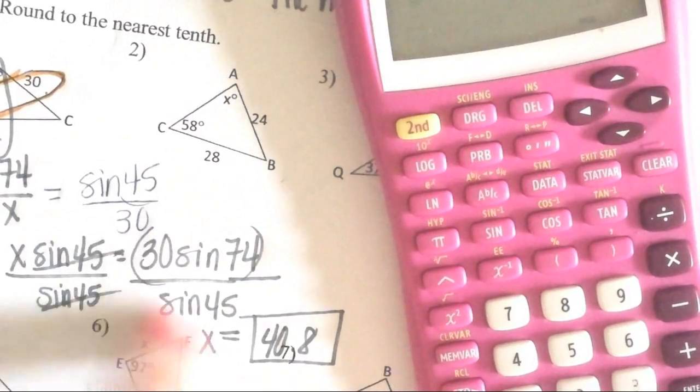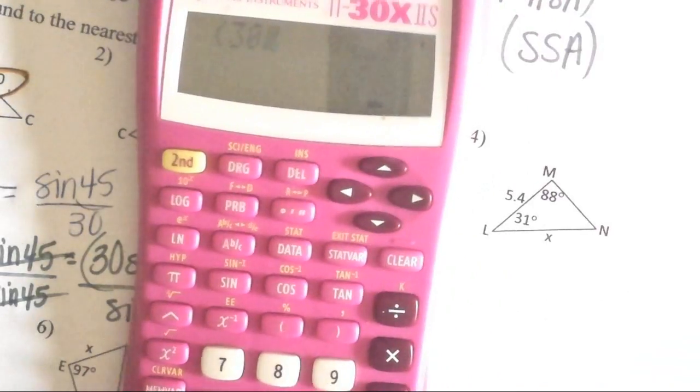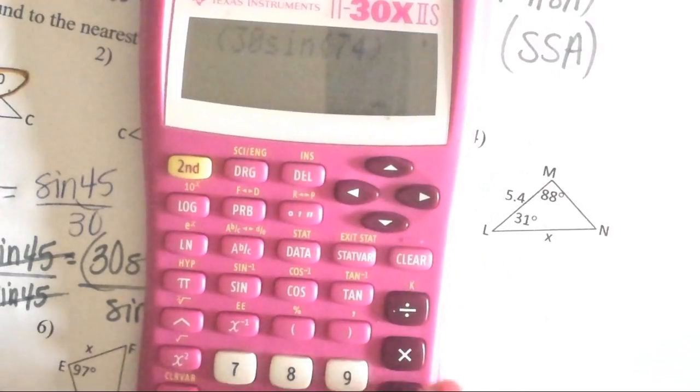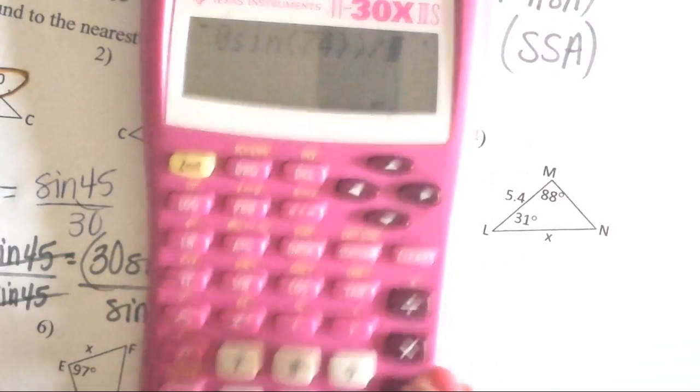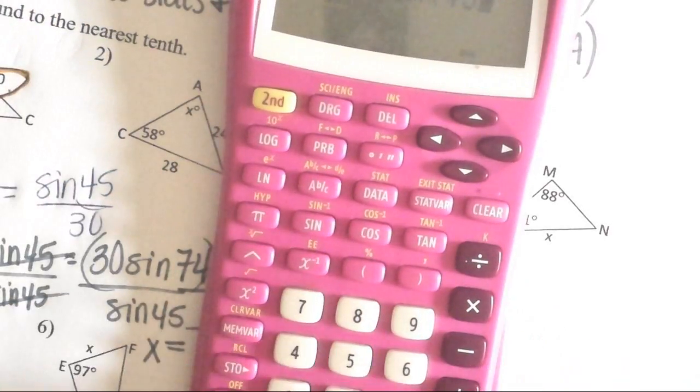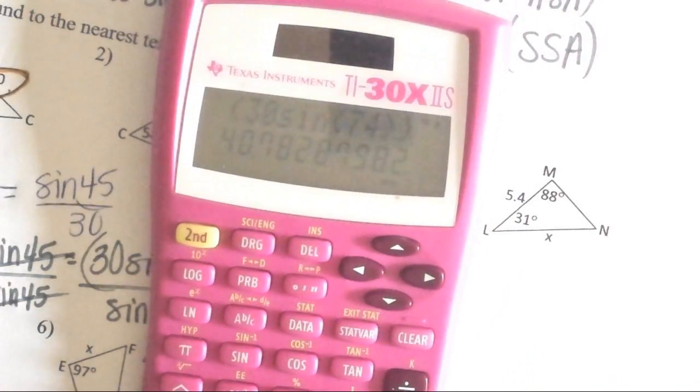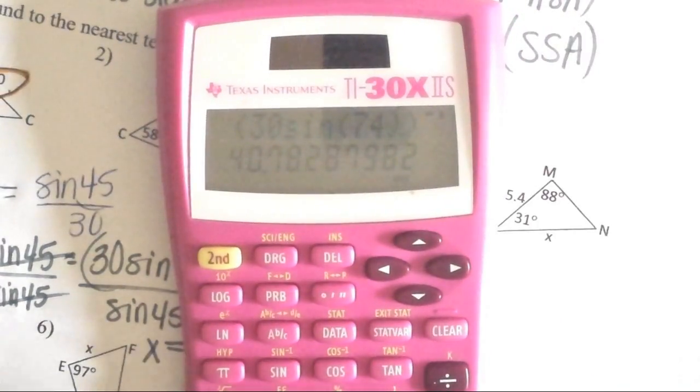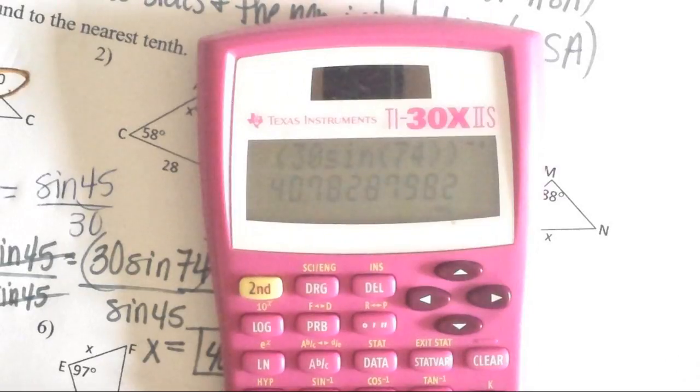So if you don't put the numerator in parentheses, let me do it and then I'll tell you why. Divided by sine 45. You get 40.78 and it ends up being about the same, but it depends on how many decimal places you're trying to go in life. It is a little bit of rounding error if you do 2 different steps. Not enough to cry over again.